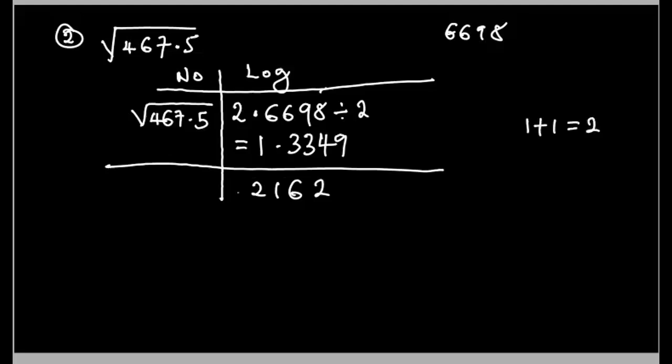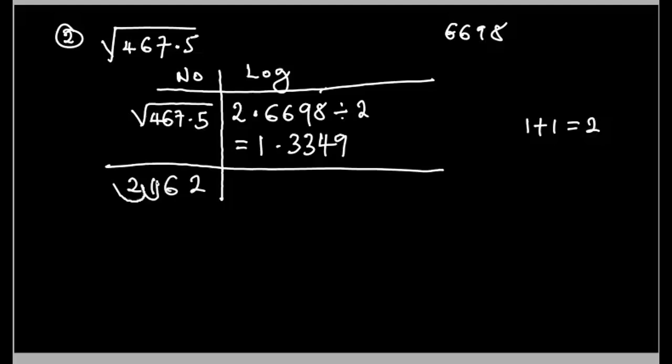So I would move 2 times forward from the left to the right, I'll have 1 and 2.